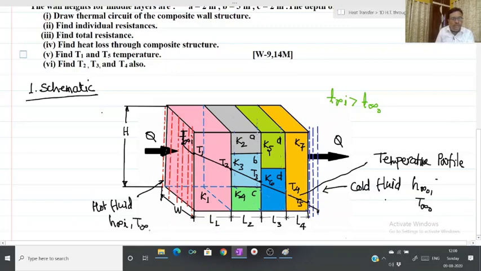So T infinity I, this is T infinity O, and this will be T infinity O, and this will be T infinity I.